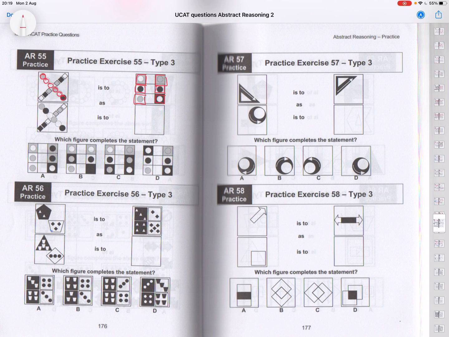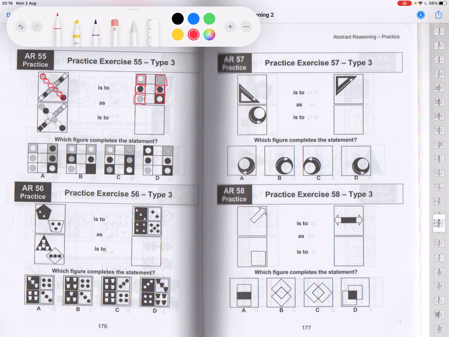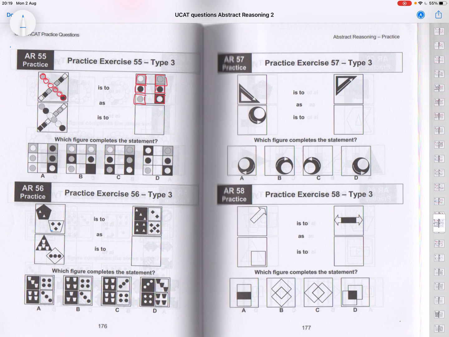And then the colours of the squares on the left-hand side: white, black, grey, grey, white, black is the corresponding colours of the circles: white, black, grey, grey, black, white.